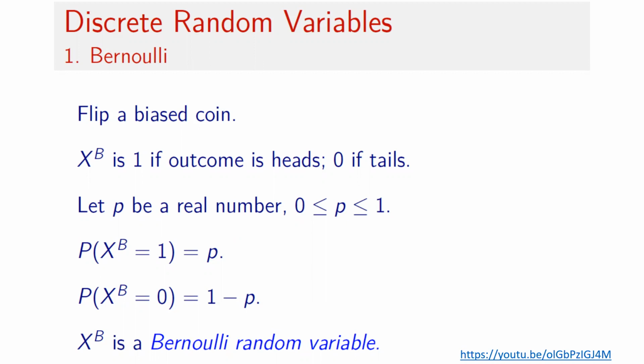A Bernoulli test has only two possible outcomes. For example, if we are talking about a coin, we can say that the outcome is equal to 1 if we obtain heads, or 0 if we obtain tails.